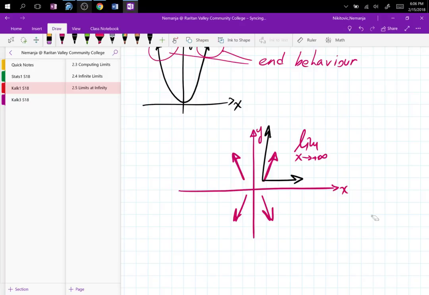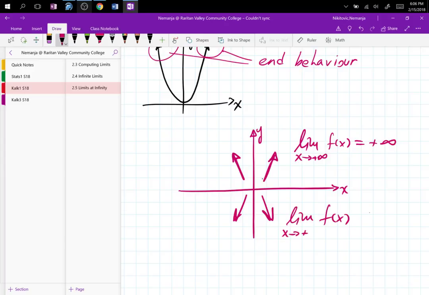As x goes forever to the right, the y value goes to positive infinity. Now one below: limit of f of x, x still goes to positive infinity because it still goes to the right. But the y value goes down forever, so that's negative infinity.